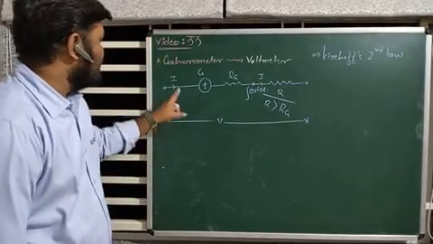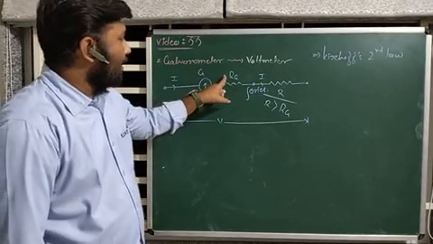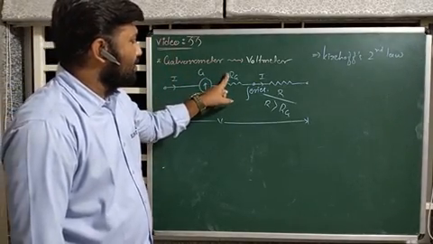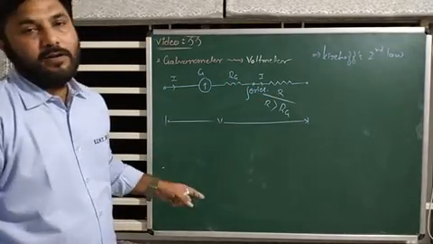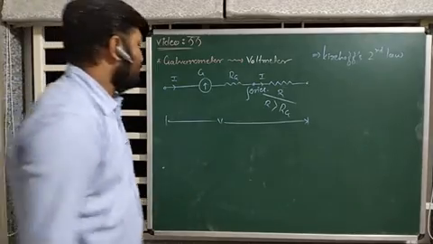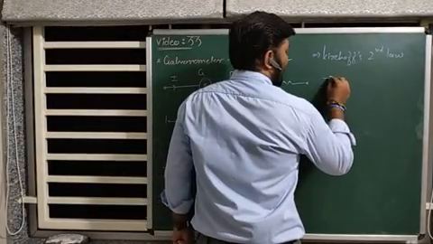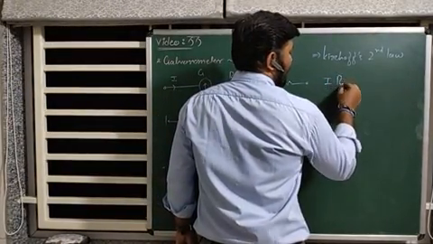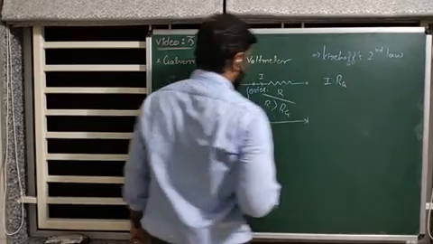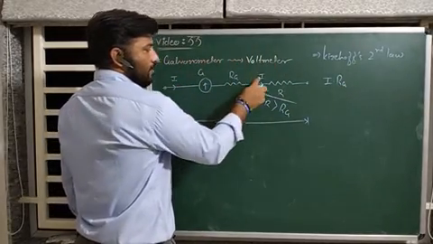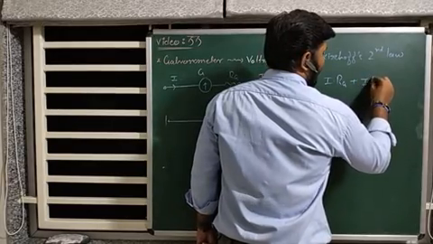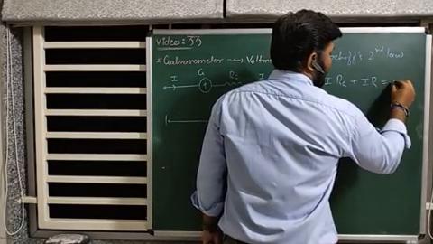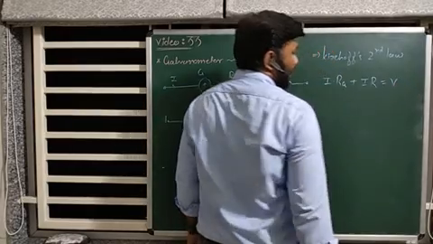Simple. That is I Rg plus I R is equal to V. I multiplied by Rg plus I R is equal to V.